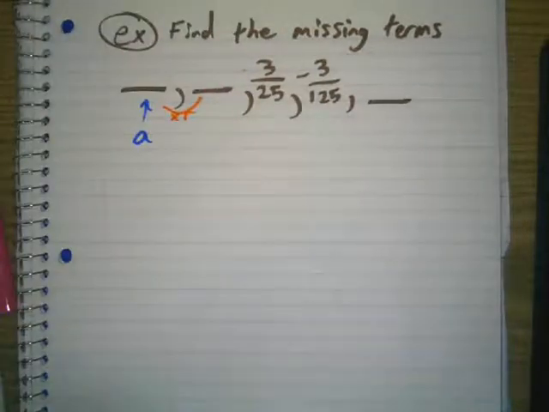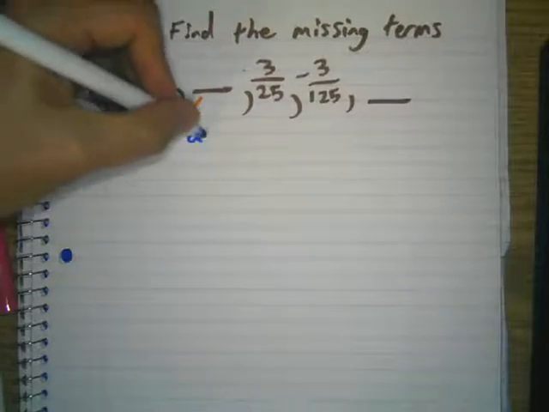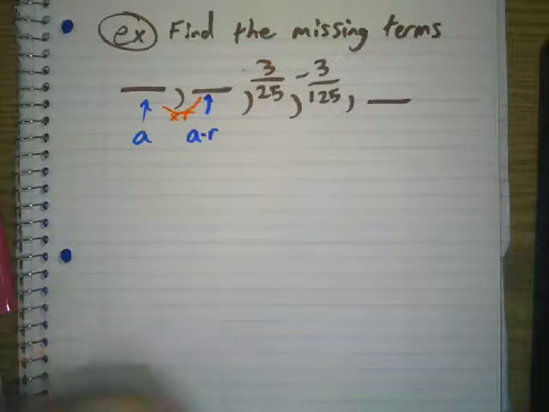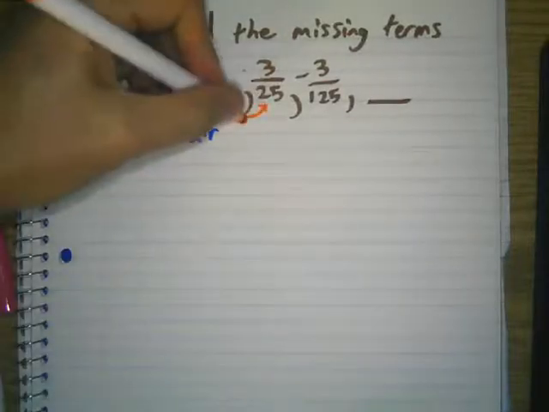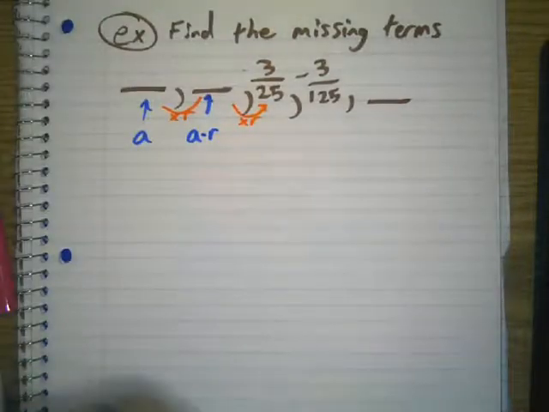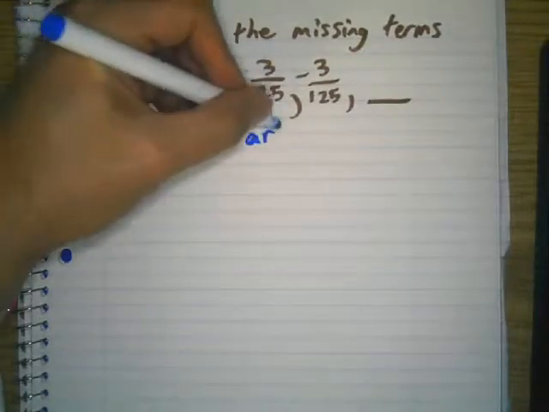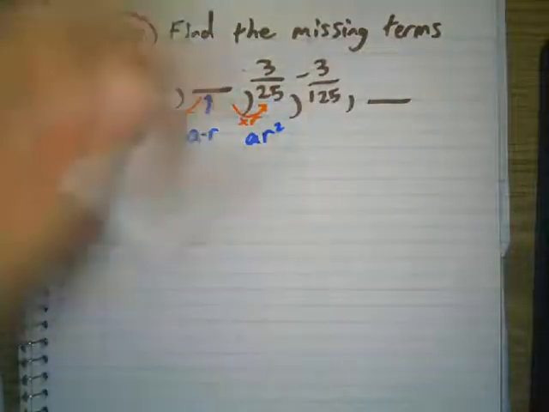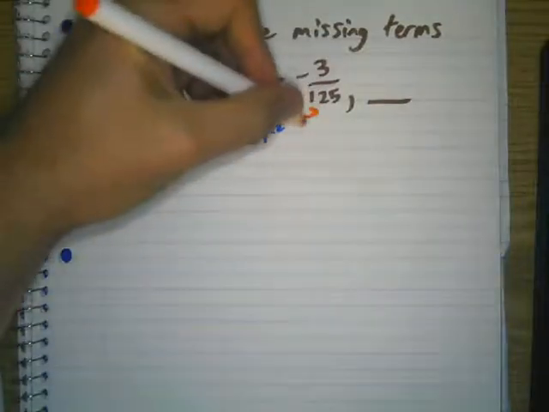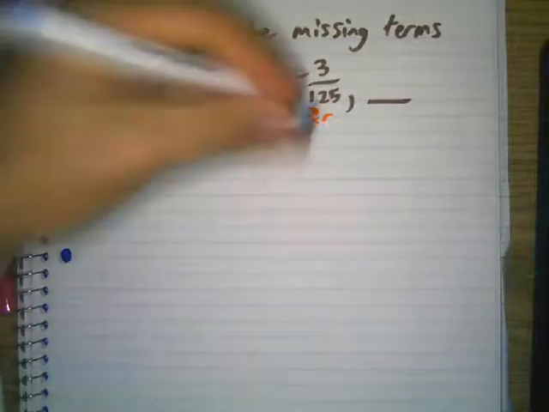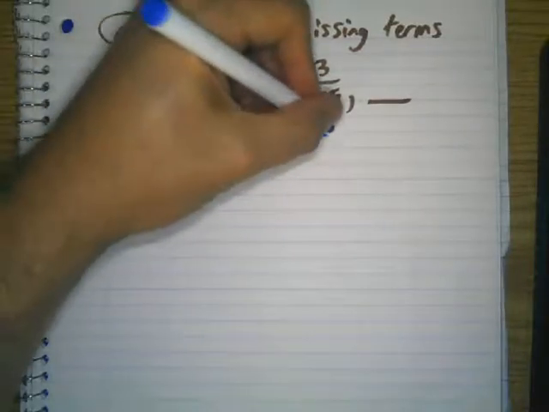So this is going to be A times R. And to get to the next one, we multiply it times R. So this is going to be A R squared. And to get to the next one, it's multiplied times R, right? So this is A R cubed.